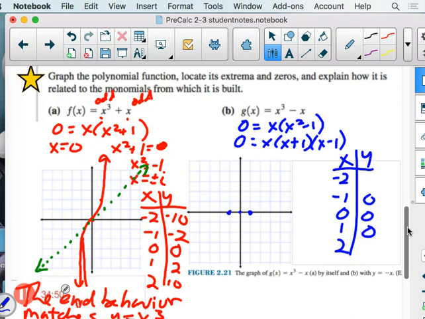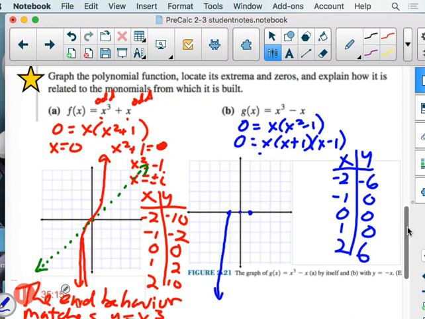Put in a negative 2. Negative 8 minus a negative 2 is negative 8 plus 2, which is negative 6. Put in a 2. 2 cubed is 8. 8 minus 2 is 6. So we're just a little bit off. Up right there. Up right there. And I start graphing it, and I, whoa, wait a minute. That means it's going to cross the x-axis.